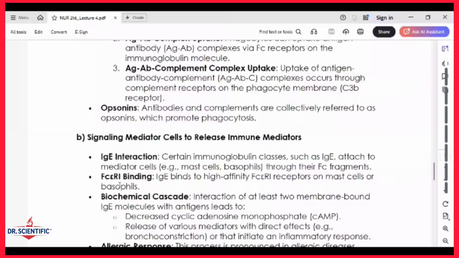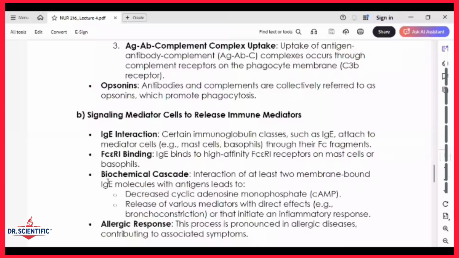When this happens, there is a biochemical cascade that is generated. At least two membrane-bound IgE molecules, together with antigens, will cause a change in cyclic adenosine monophosphate, cAMP. This is a secondary messenger, like IP3 and calcium. What secondary messengers do is amplify a signal.